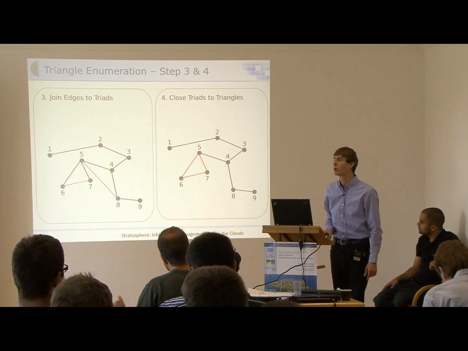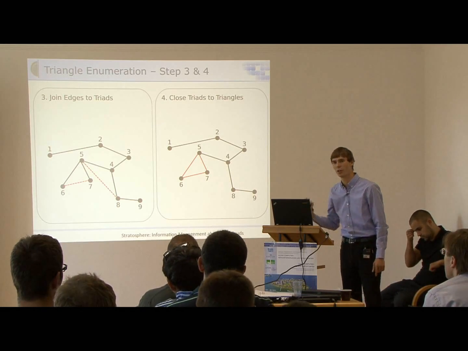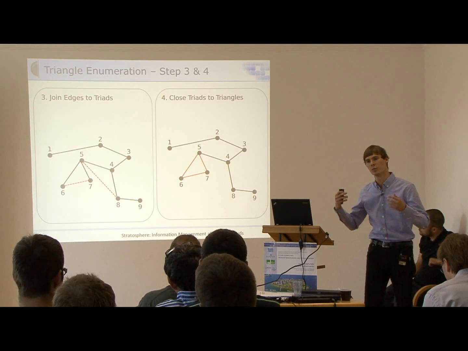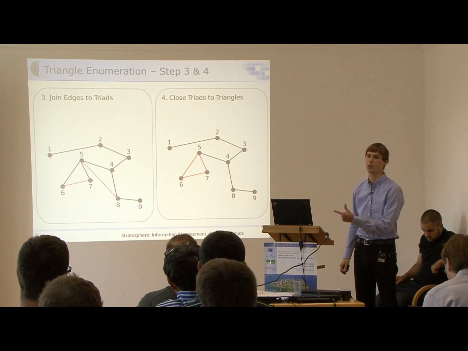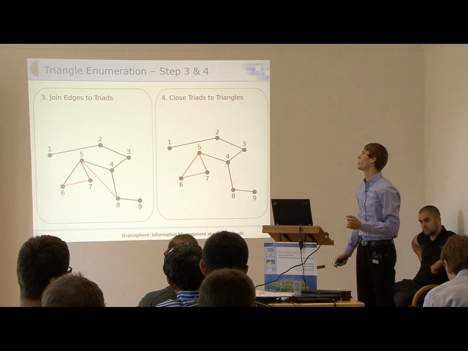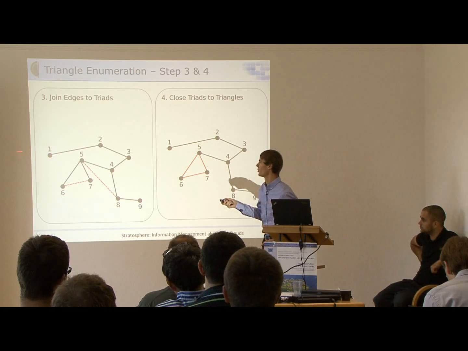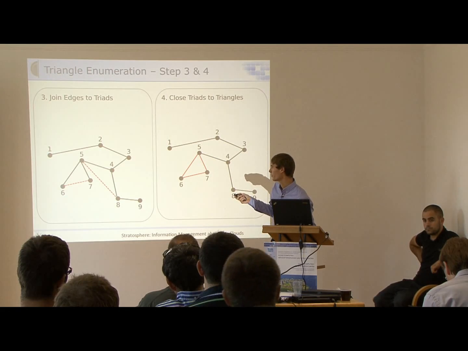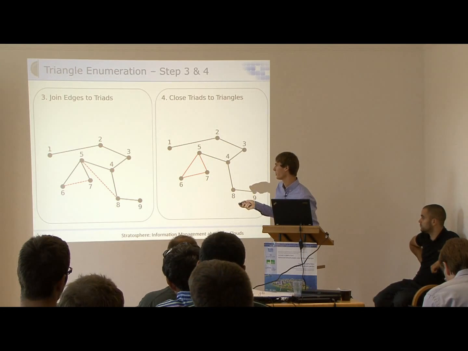The third step would then be to combine all edges that share a common first node, that are projected to the same node, so that we can get connected edges. For example, you might see that we had the edge 1, 2. Let's take 4, 5, and 4, 8.